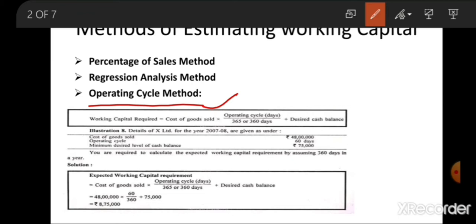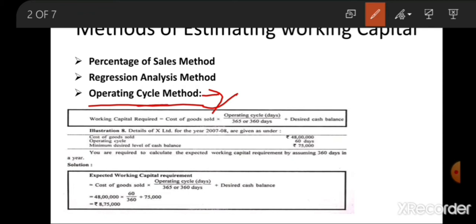I think you all must be aware of the operating cycle method, so I will just discuss it in one point. This method of estimating working capital requirement is based on the operating cycle of working capital. And what is this cycle?